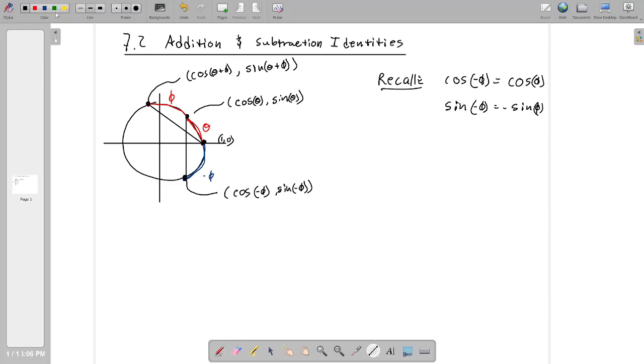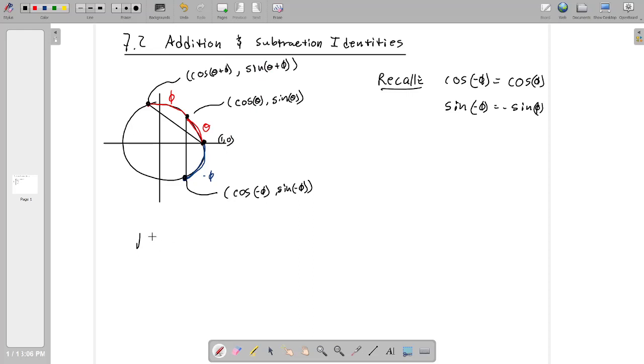Now let's use that distance that we were talking about. So we said that these two lengths were identical. Let's use the distance formula to go from this point to this point, which would be the length of this straight line. That distance formula is the square root of the x value minus the x value, quantity squared, plus the y value minus the y value, quantity squared.